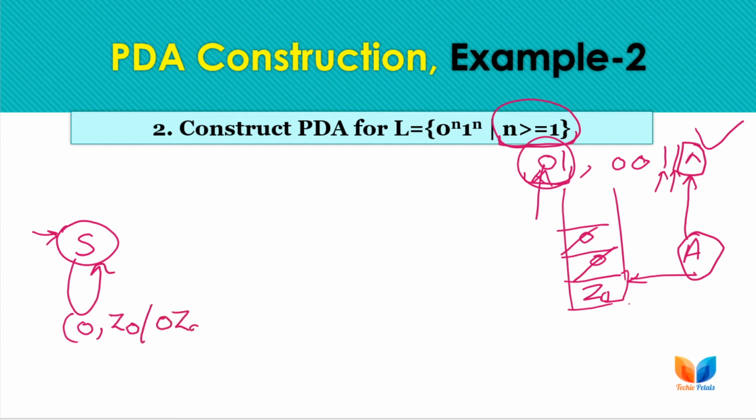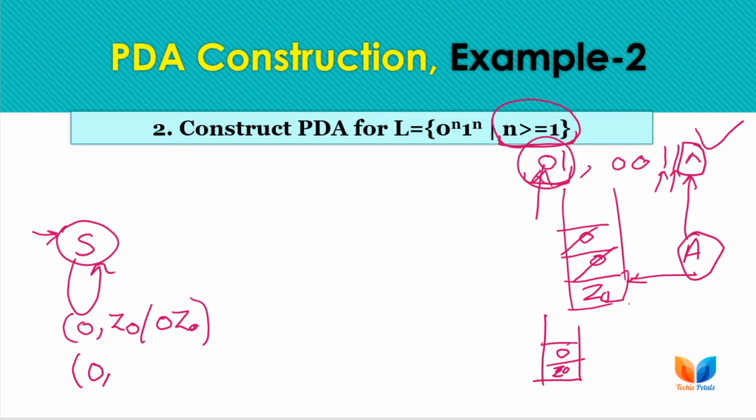By this replacement we mean that we are pushing the first 0 onto the stack. So Z naught is replaced by 0 Z naught, which means we have pushed this particular 0 onto the top of the stack.